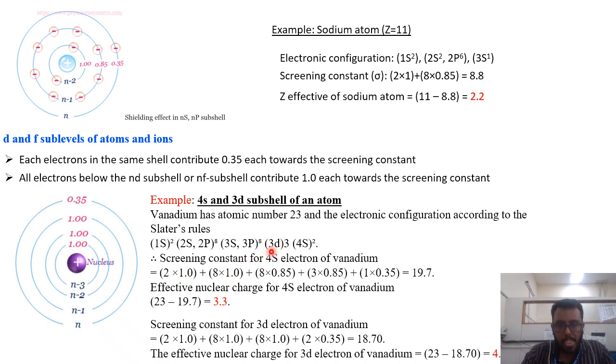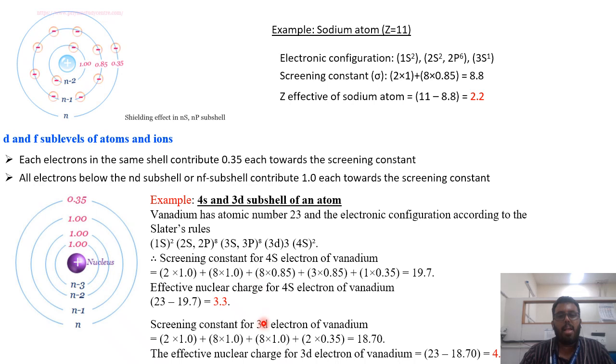So this 3s, 3p and 3d are in the same level, am I right? So 8 into 0.85, 3 into 0.85, they carry the 0.85. Whereas the lower lying ones, that is the second shell, 8 into 1 and 2 into 1. So you will get 19.7, and you can subtract this.